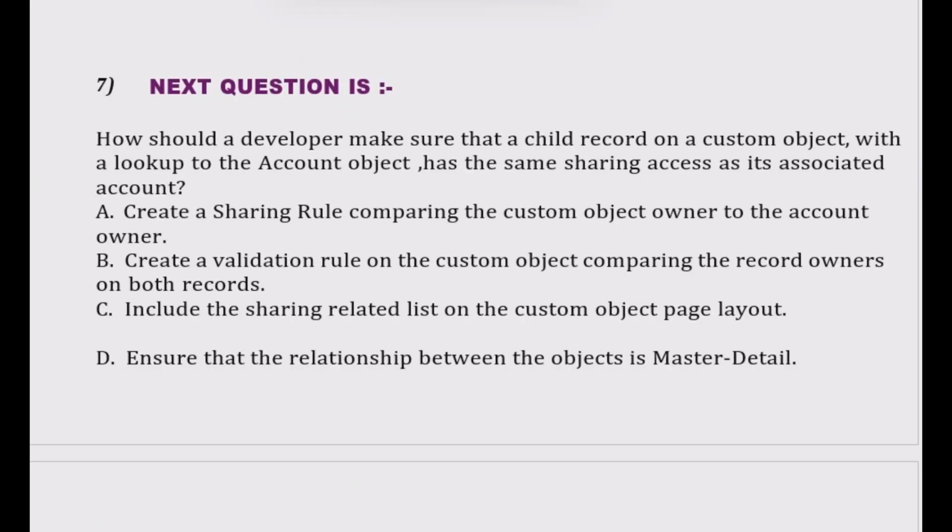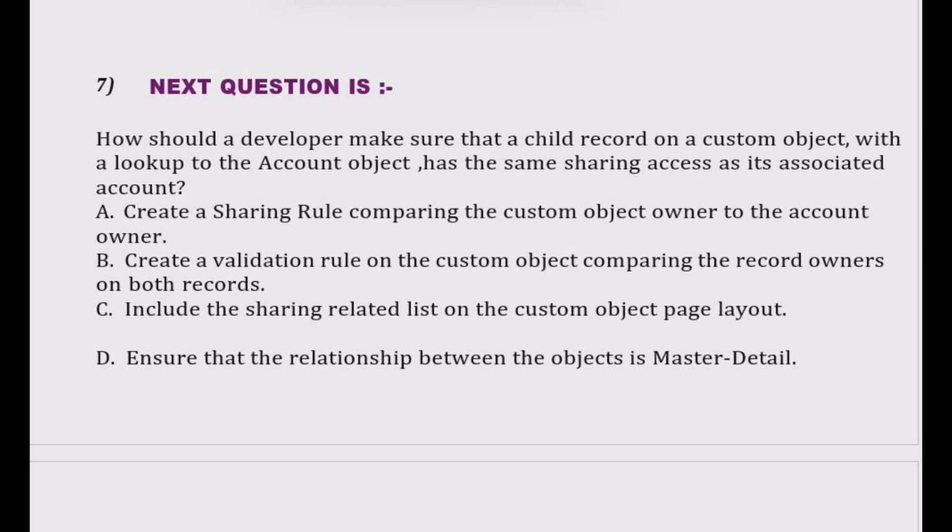Question is how should a developer make sure that a child record on a custom object with a lookup to the account object has the same sharing access as its associated account? Option A create a sharing rule comparing the custom object owner to the account owner.